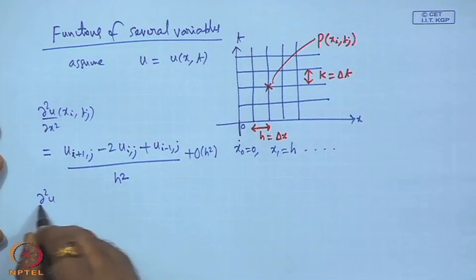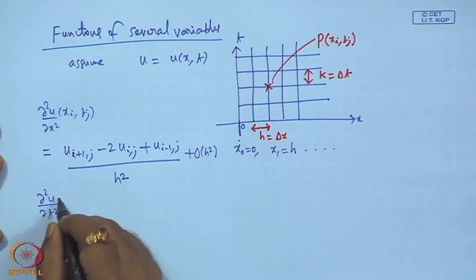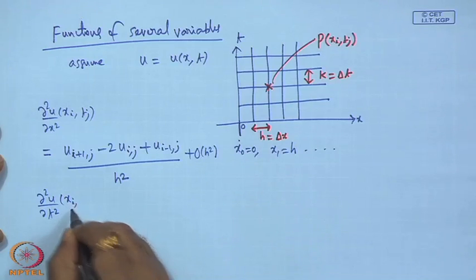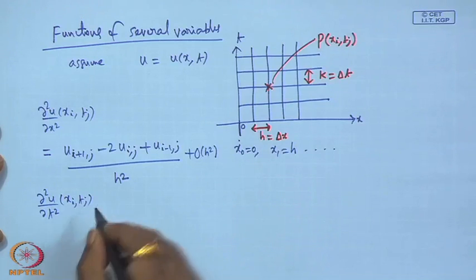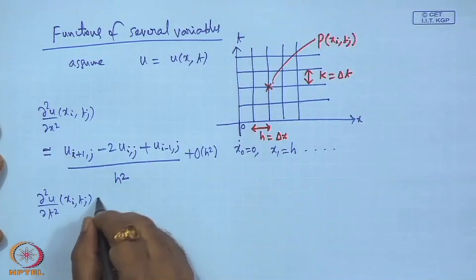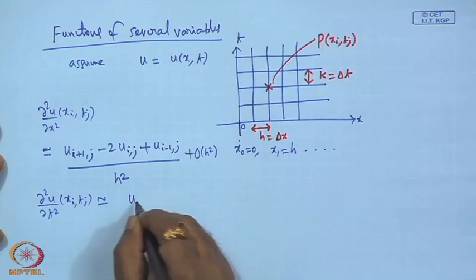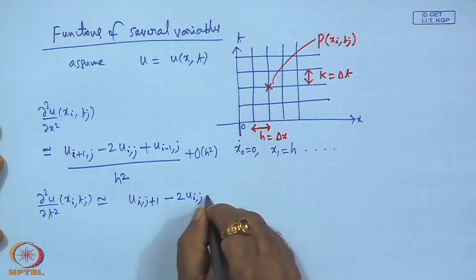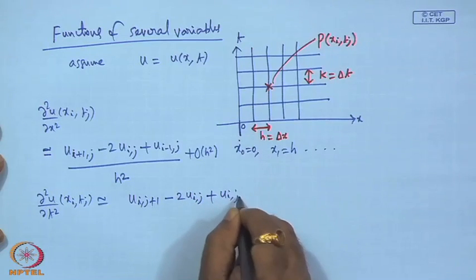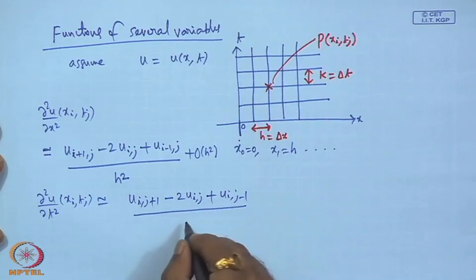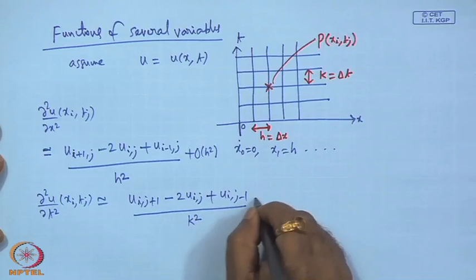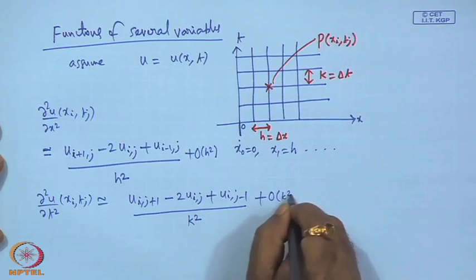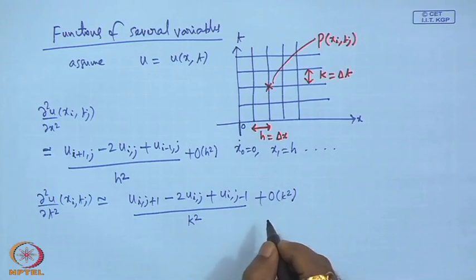Suppose the derivative is with respect to t. So, this is approximated by (u_{i,j+1} - 2u_{i,j} + u_{i,j-1}) by k square plus order of k square.